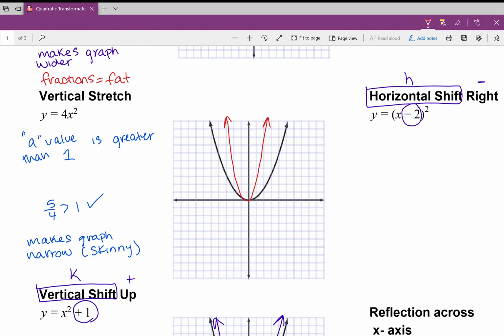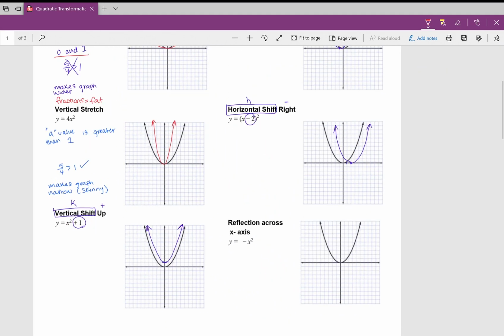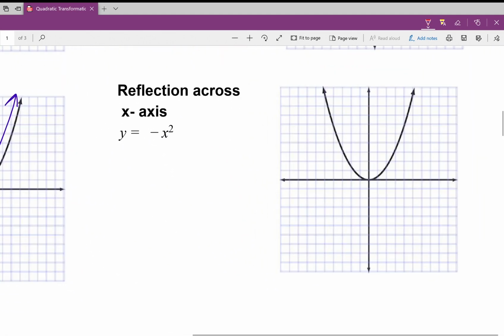Okay, and there's one last thing that deals with the A value, and that is a reflection right here at the bottom, reflection across the x-axis. And you know it's going to be a reflection across the x-axis because of this negative right here.